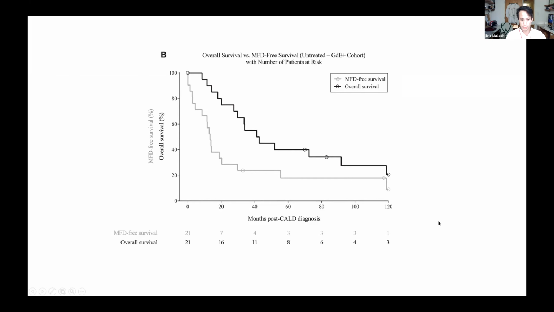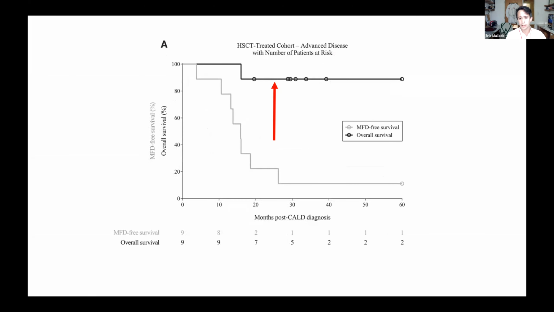The idea behind doing a bone marrow transplant is to move this survivor curve so that patients survive. If patients are transplanted while symptomatic, you can see survivorship improves. However, over time, patients still tend to develop neurologic symptoms that fall in the category of major functional disability.